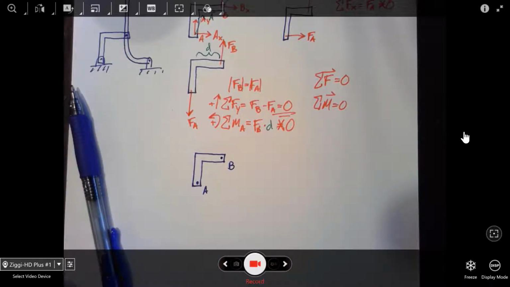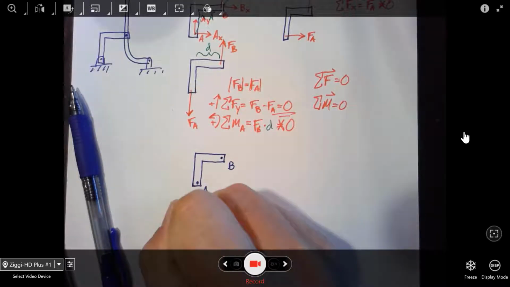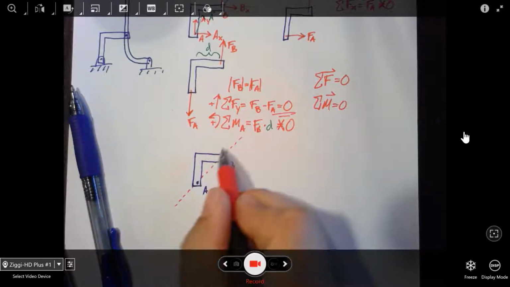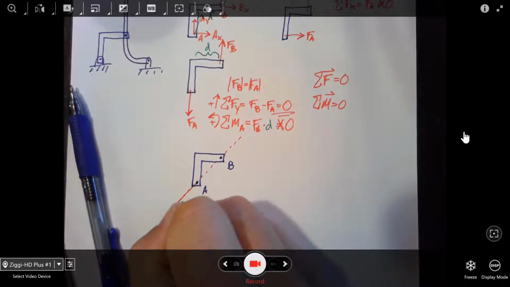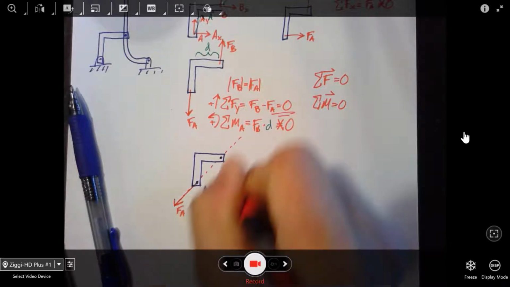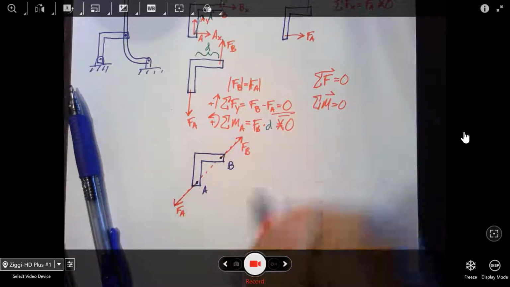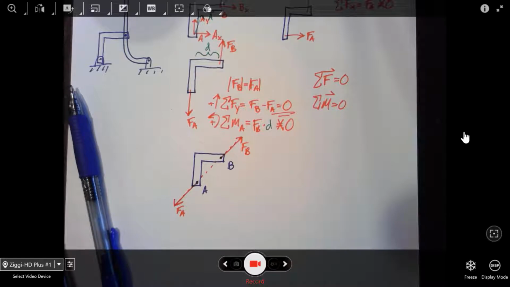There is, and it is if we put the forces along the line that connects A and B. So perhaps my forces end up looking like this. F sub A is down and to the left, and F sub B is up and to the right.